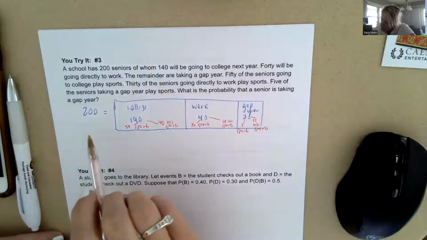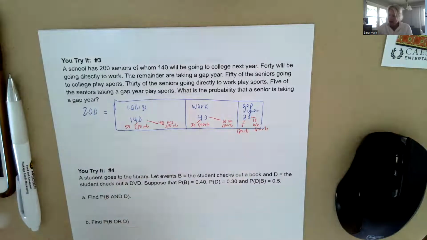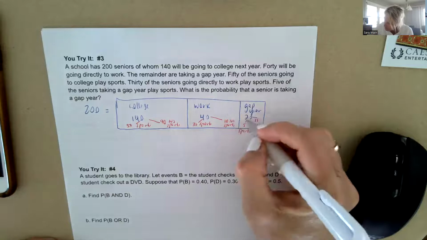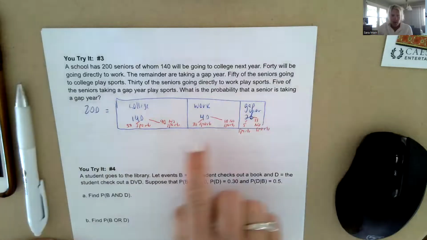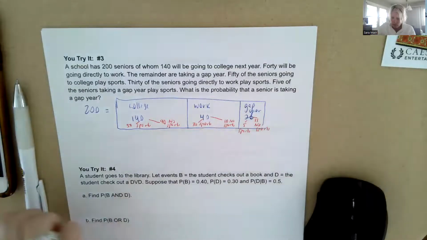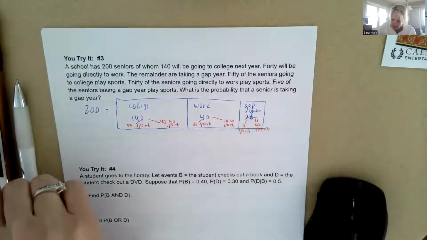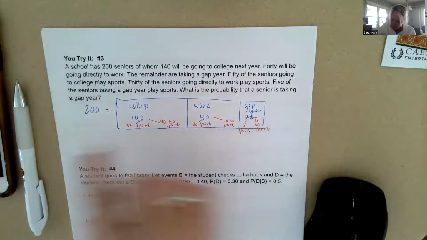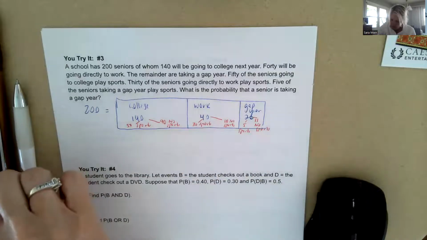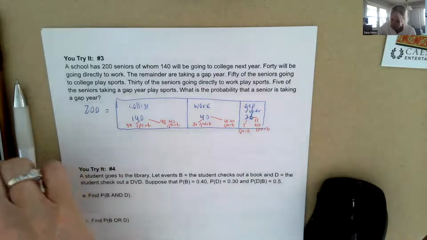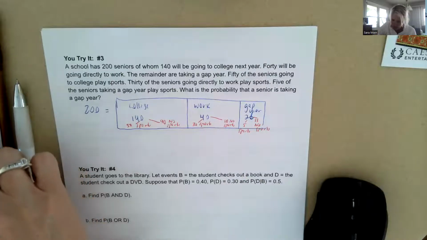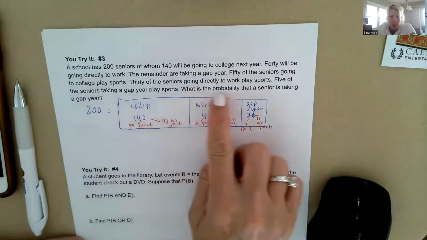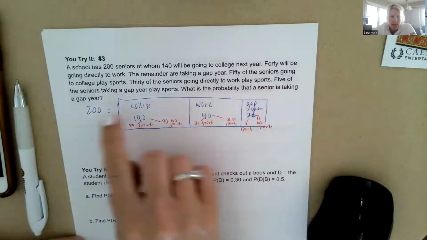Okay. So our 140 plus 40 plus 20 should get us to 200. And then all of our red numbers should also get us to 200. So 50 plus 90 plus 30 plus 10 plus 5 plus 15. Yes. So they want to know, what is the probability that a senior is taking a gap year?